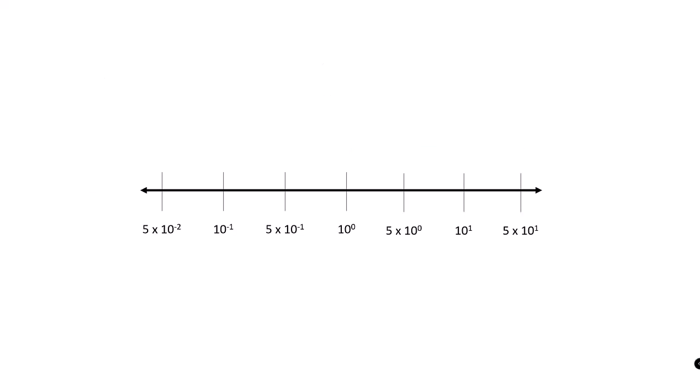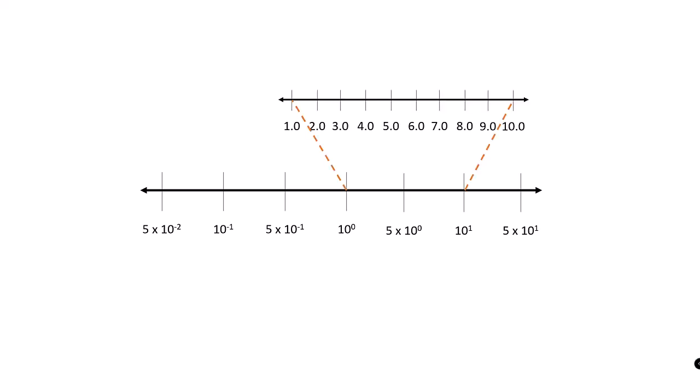Floating point numbers allow us to cover a much broader range of values at the expense of some precision. We can think about zooming into the number line. Here we've zoomed into the range from 1 to 10, and we can see more detail.